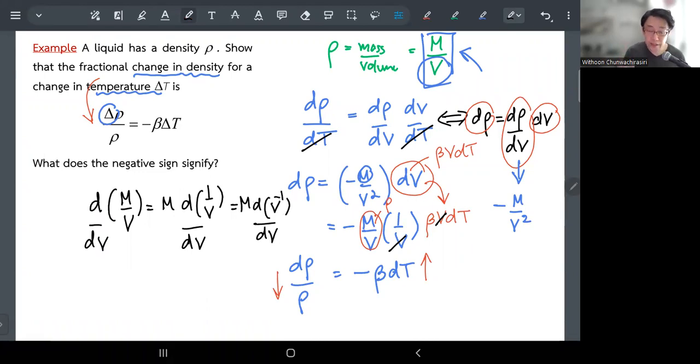And when you do the derivative, the exponent drops down to the front and then you decrease the exponent by 1. So that's why you end up with negative 1 times v to the negative 2. And that's negative m over v squared. Cool? Okay. Alrighty. Nice. But that's just for fun, I think.